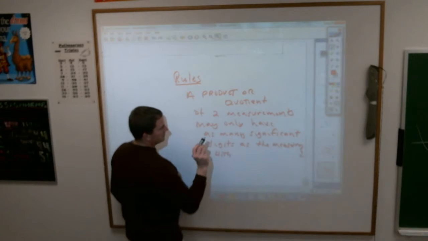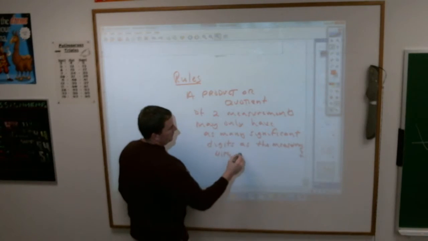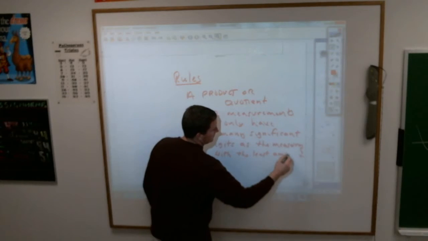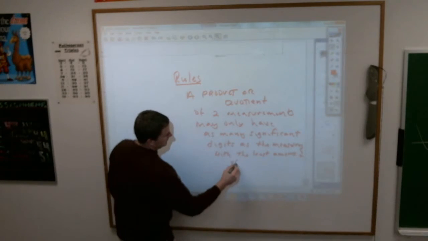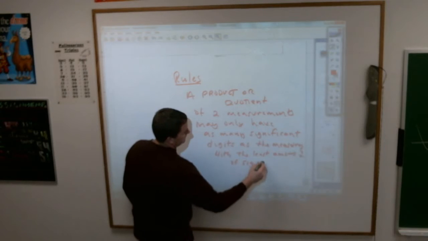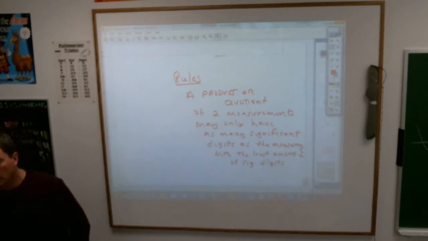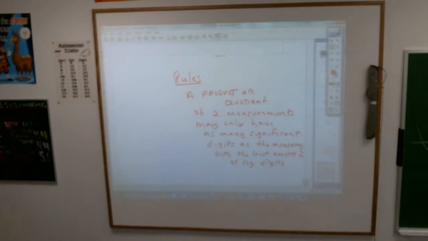This will all become crystal clear in just a second. With the least amount of significant digits. Give you a chance to write that down, and then we will shoot down a problem there.